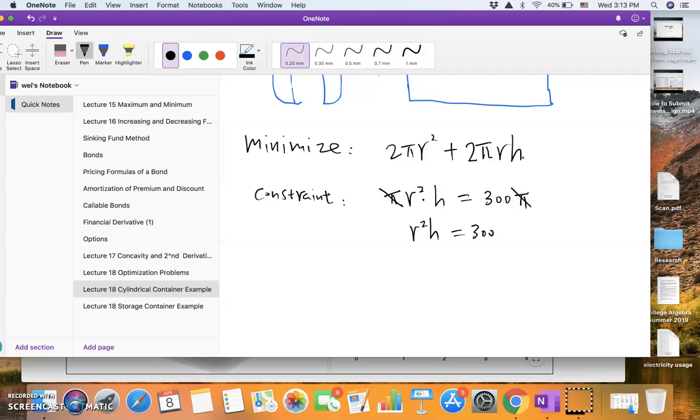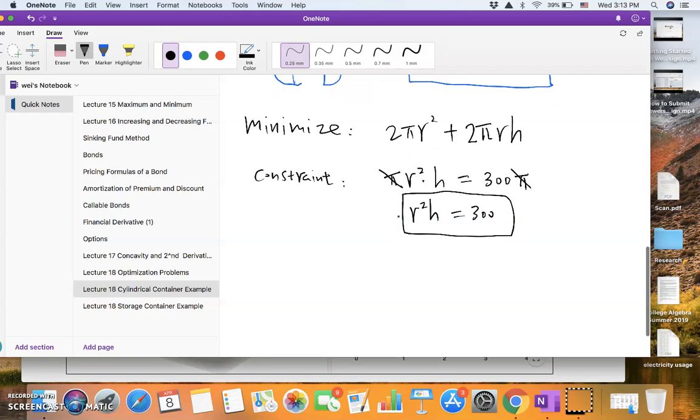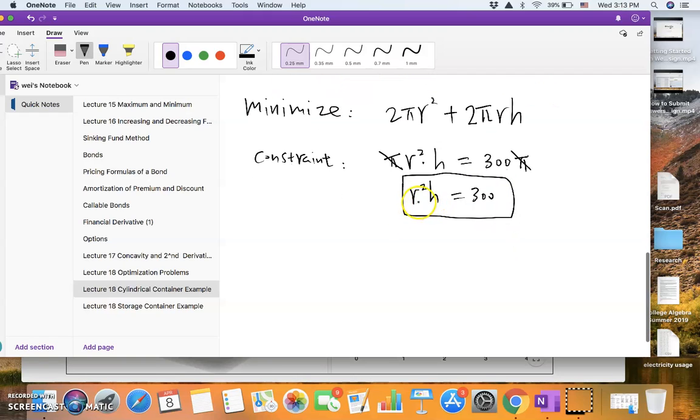According to the strategy we saw in the previous video, we want to reduce the number of variables to 1, and we can do that by using this condition. Since r squared times h equals 300, h is going to be 300 over r squared.